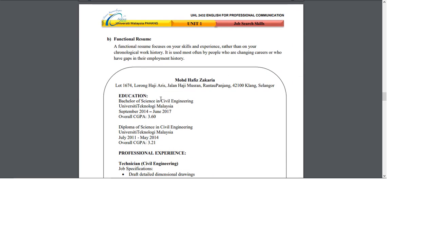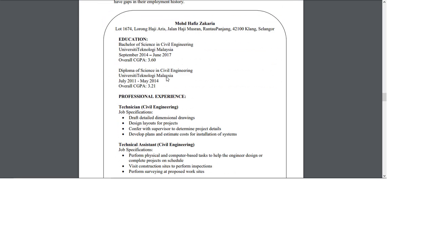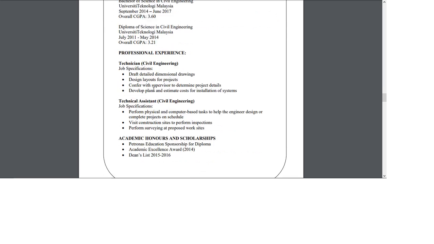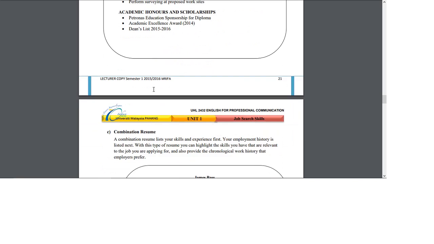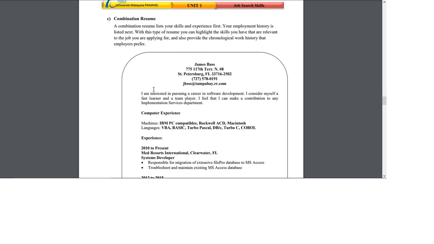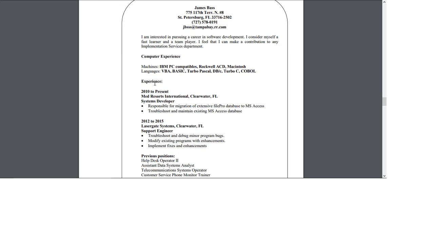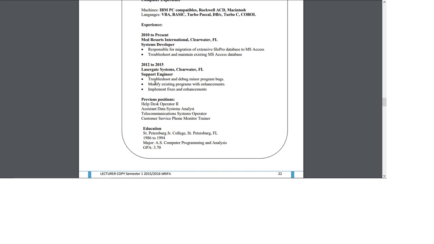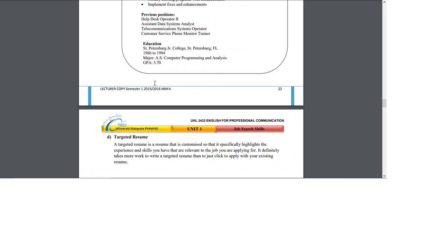Then we have the functional resume, whereby it focuses on the skills and experience. You highlight the aspects of education, professional experience, and such. The combination resume has the skills and experience, together with the year that you performed the task.